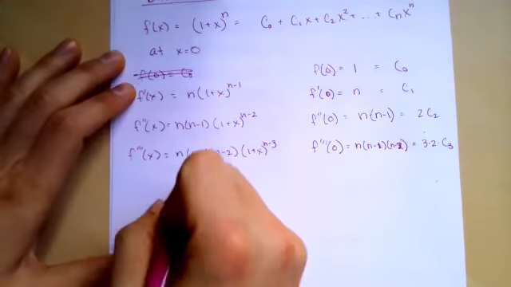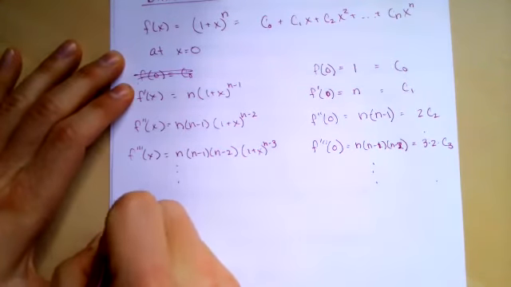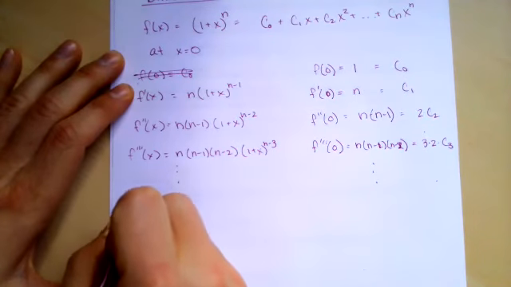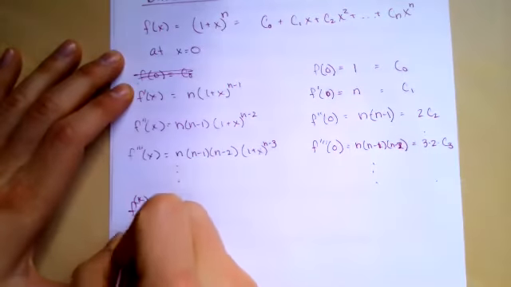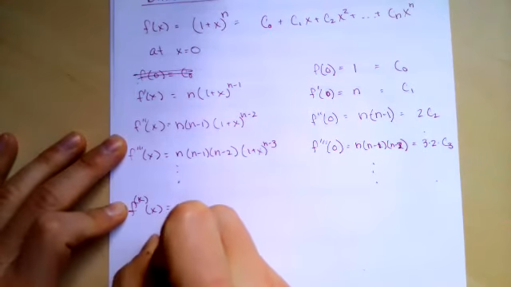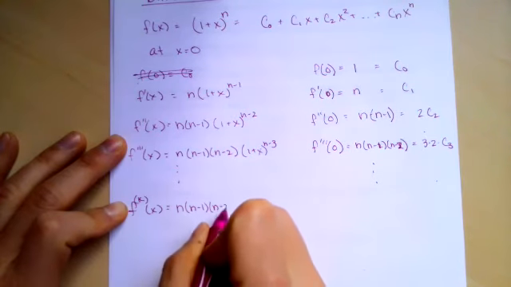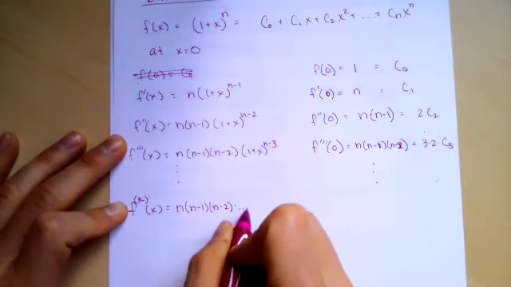And so what is our pattern if we kept continuing with this? Well, my nth derivative, and actually let's use our kth derivative since n was the degree of the polynomial. So the kth derivative, what are we going to have? We're going to have n times n minus 1, n minus 2. And how far down are we going to go?